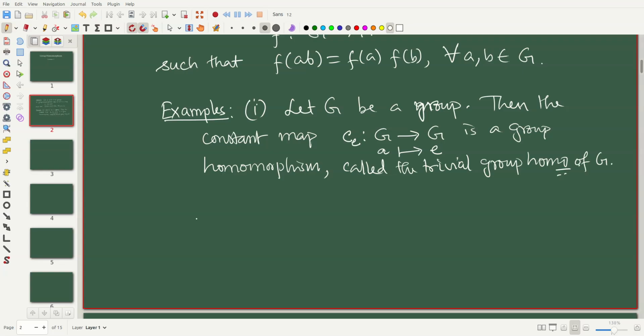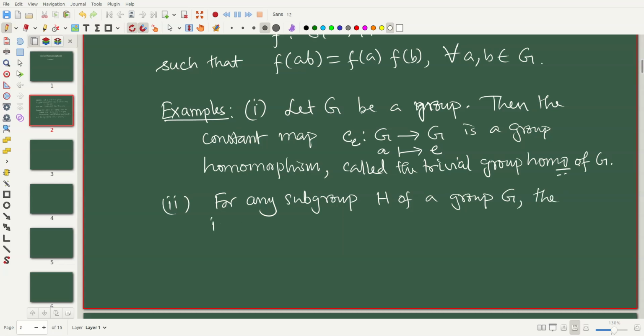Okay. Second example is that for any subgroup H of a group G, the inclusion map of H into G is a group homomorphism.